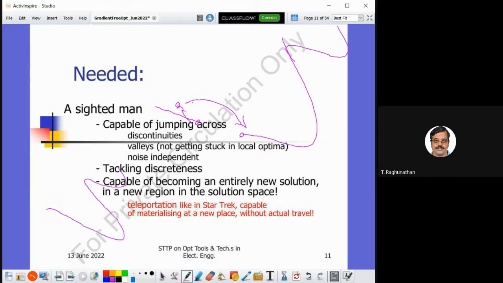Suppose I'm here, the current solution. Maybe from here I should be able to come here. Something like teleportation. Okay, so teleportation.